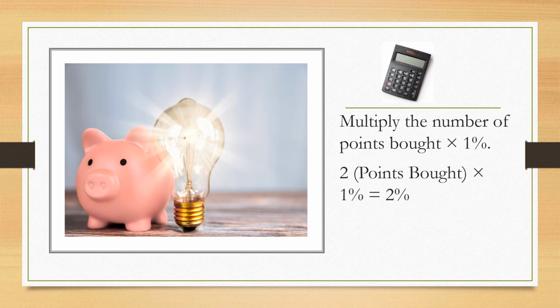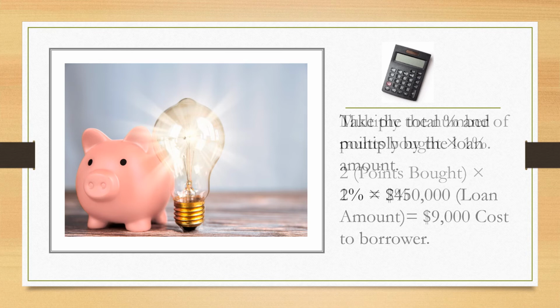First, multiply the number of points bought by 1%. In this case, we have 2 points being bought, so times 1% equals 2%. Second, take the total percentage and multiply by the loan amount. So 2% times $450,000, the loan amount, equals a $9,000 cost to the borrower.